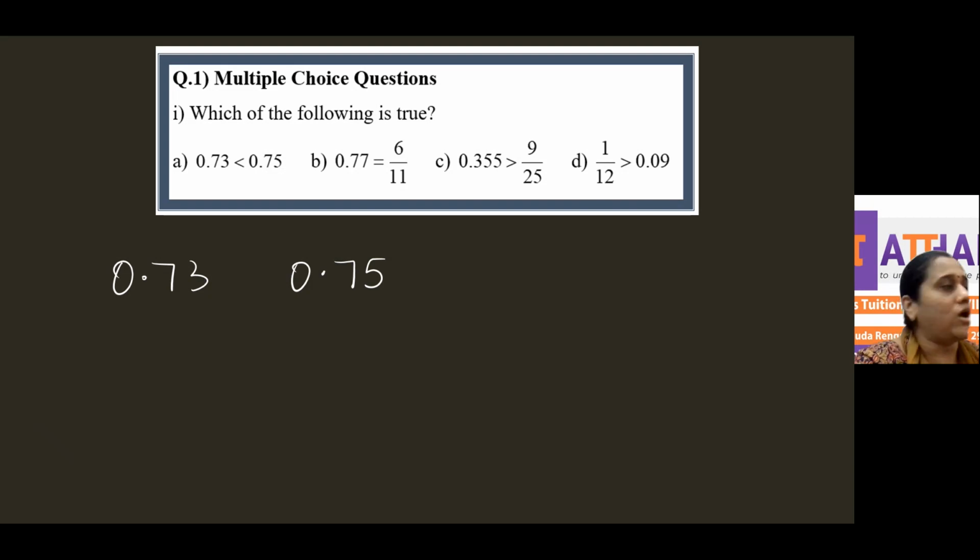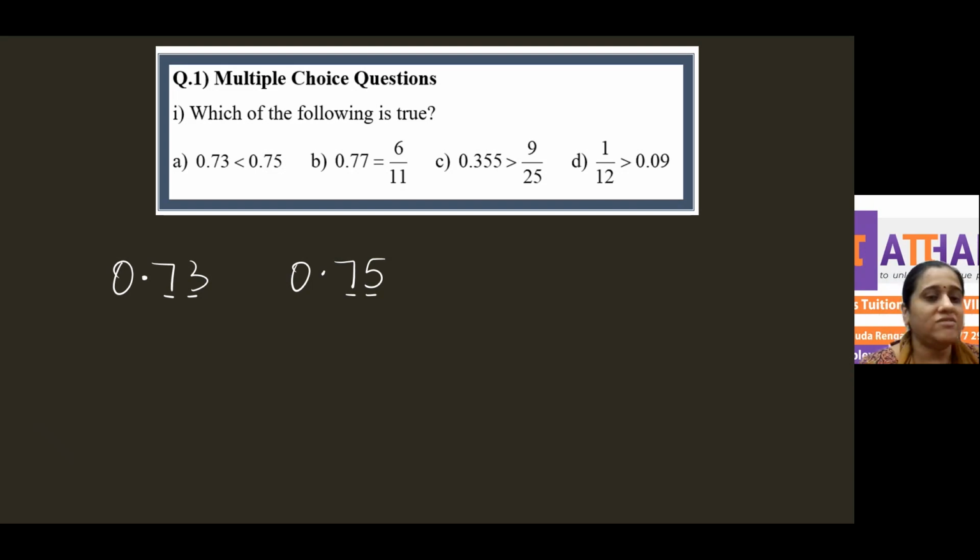When do you call decimals like decimals? When they have the same number of digits after the decimal point, not before it. You don't have to see the number of digits before the decimal point. See the digits after the decimal point. So here 1, 2 digits, and here also 1, 2 digits. Both have the same number of digits after the decimal point, so they are called like decimals.